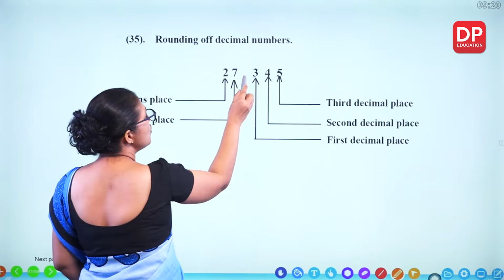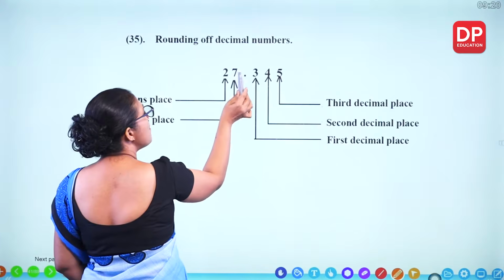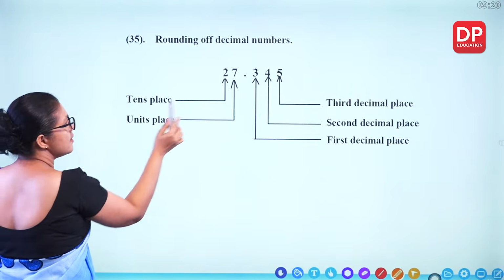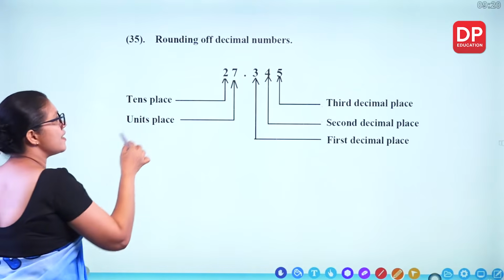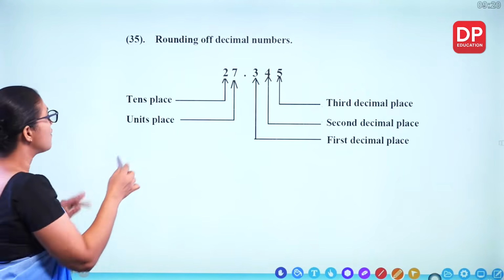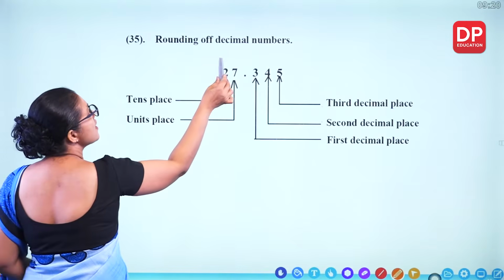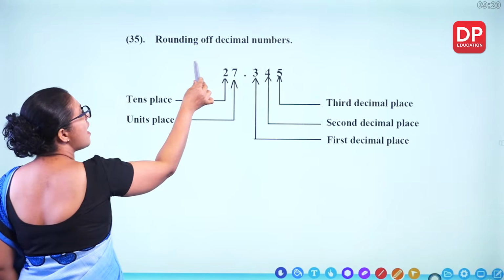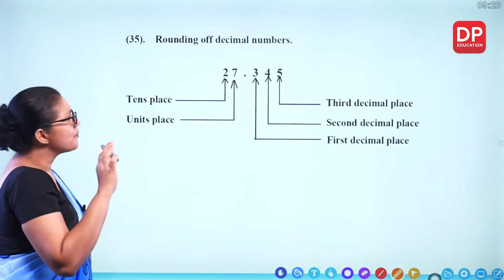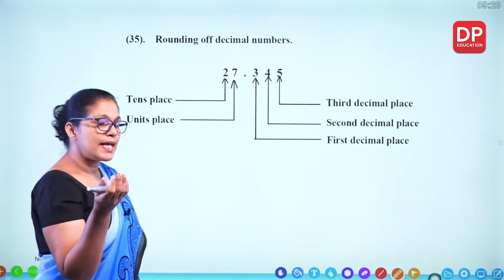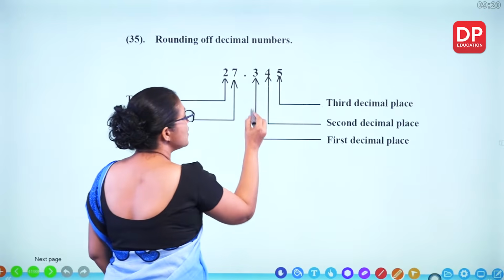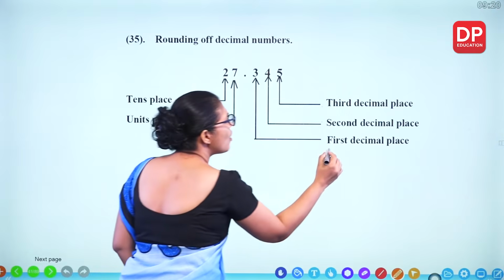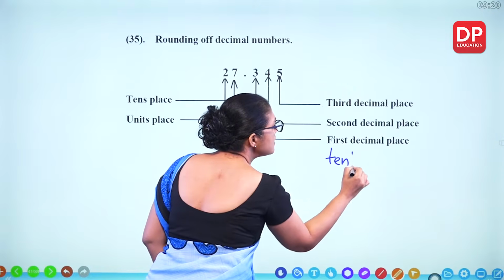So when you are rounding off decimal numbers, first you need to know the numbers. Here, when you take the decimal point, before the decimal point we call this the units place. And the next one is tens place, then hundreds place. Likewise, this way you take units, tens, hundreds, thousands. What about after the decimal place? The first place we take is the first decimal place, or sometimes we call tenths place.